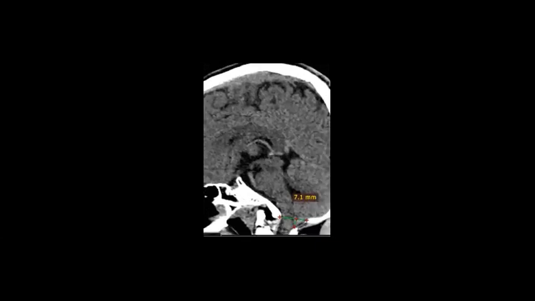And you know that there is what is called the Chamberlain line. It should be less than 5 millimeters. The dens projects above, like 9, so this means it is more than usual.